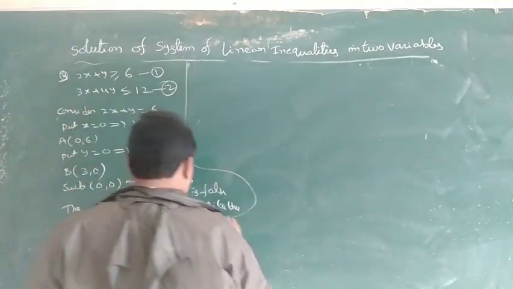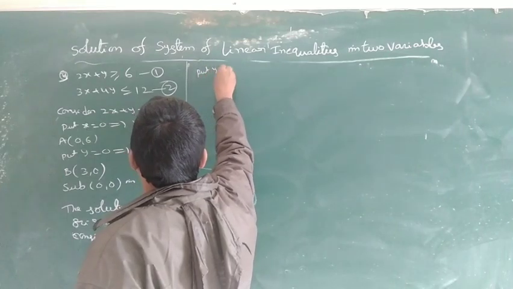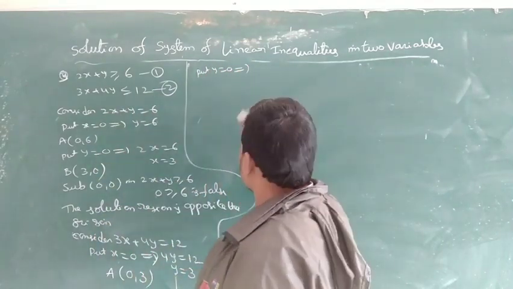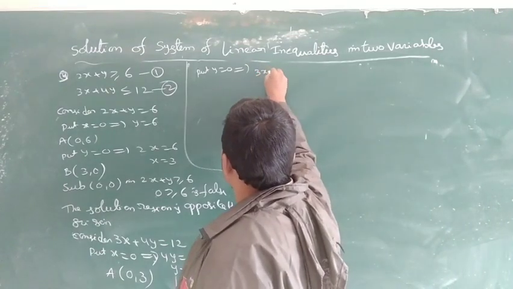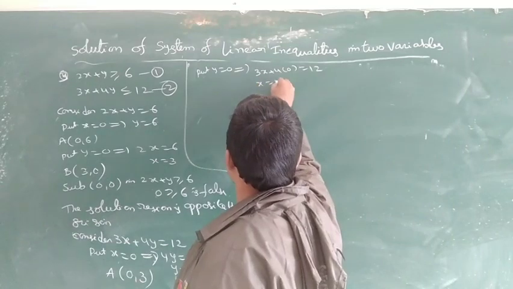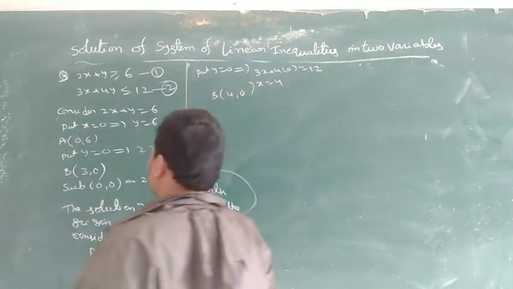Next, put y is equal to 0 in the equation. 3x plus 4 into 0 is equal to 12, so x is equal to 4. So the point is 4 comma 0.